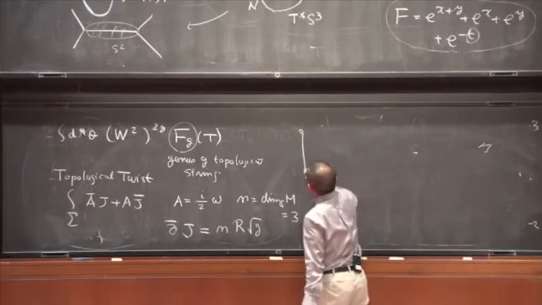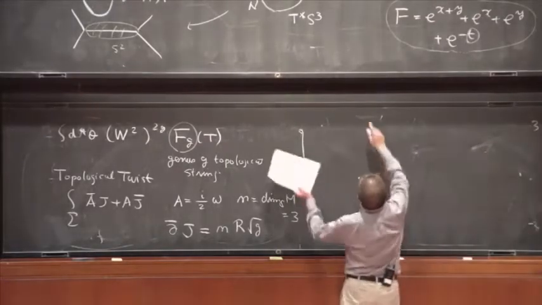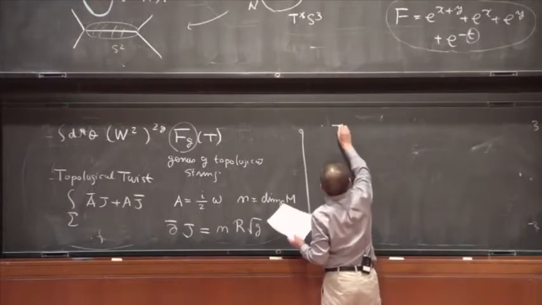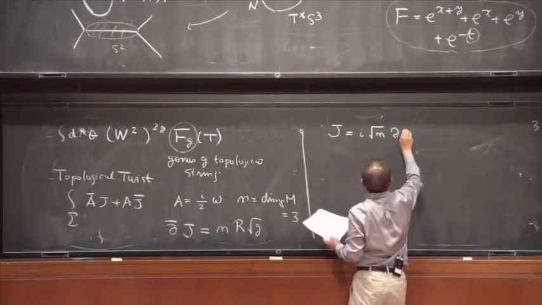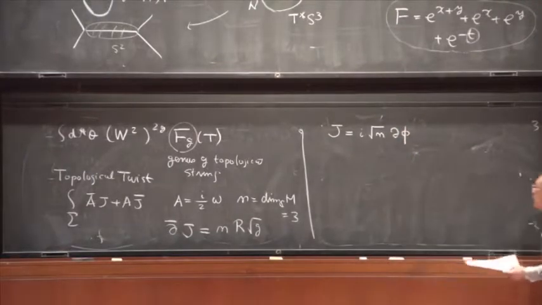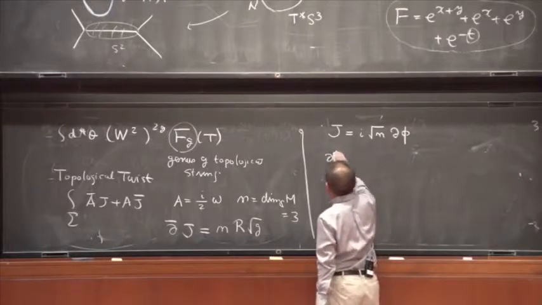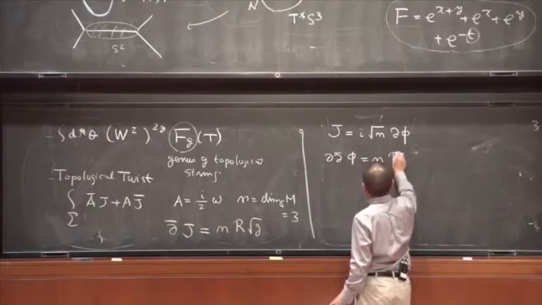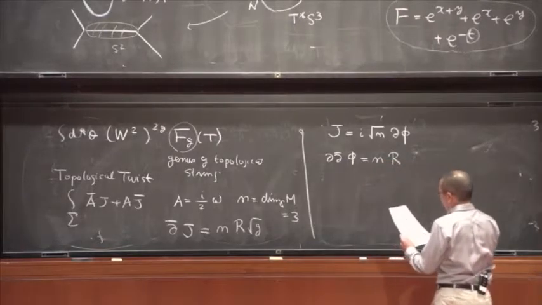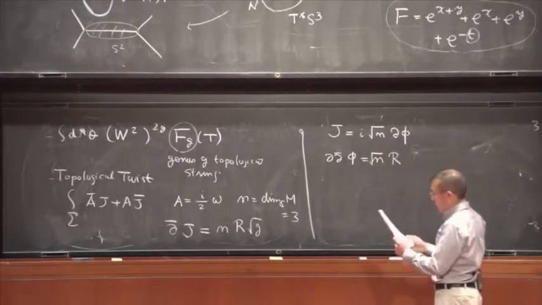One way is, I erased it, but at some point I was bosonizing the U1 current like this. Then if you do that, this equation becomes del del bar of phi is equal to n times r, or something like that. So square root of n probably, because there is a square root of n to it.